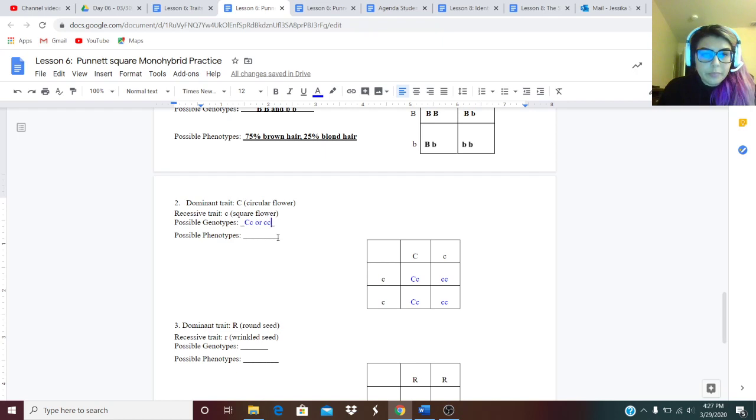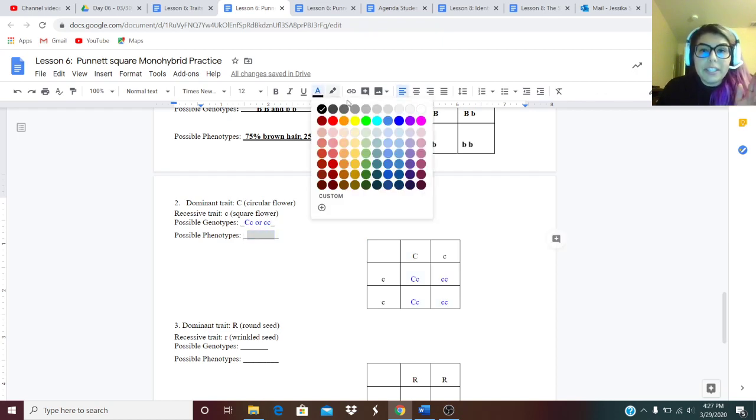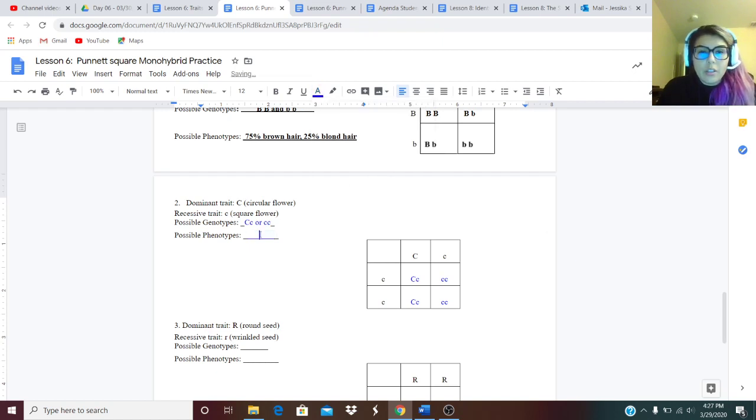Now, my phenotypes are going to be different, right? Remember, phenotype is the physical trait, what we physically can see, okay? So what does this represent? What does heterozygous dominant, or what does capital C, little c, represent in this example? Well, for dominant, I only need one capital letter.